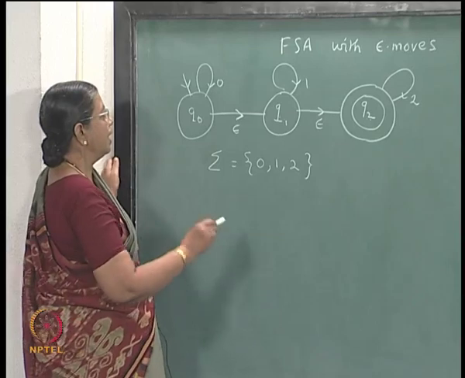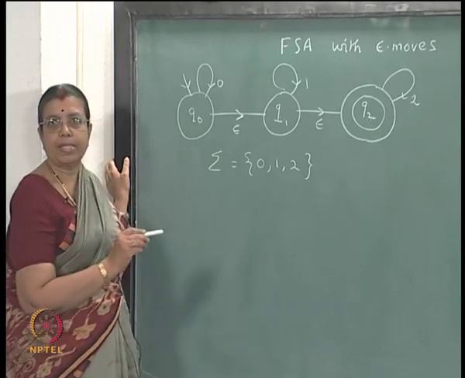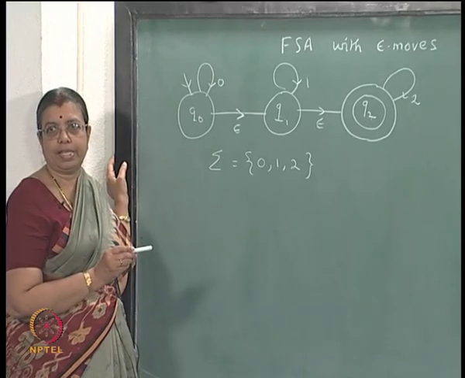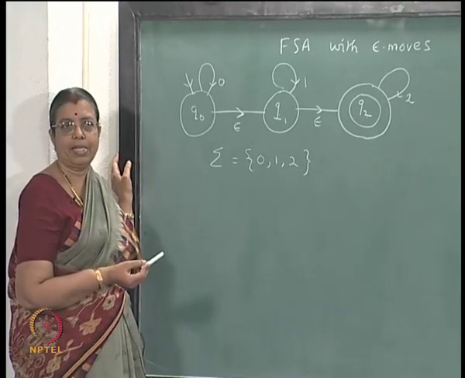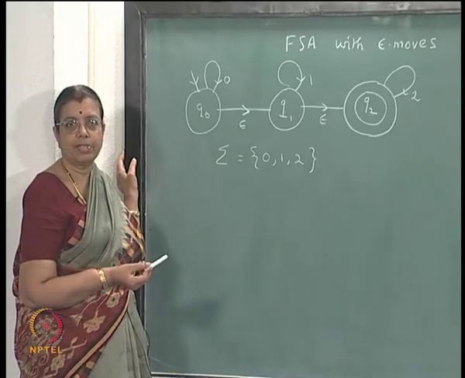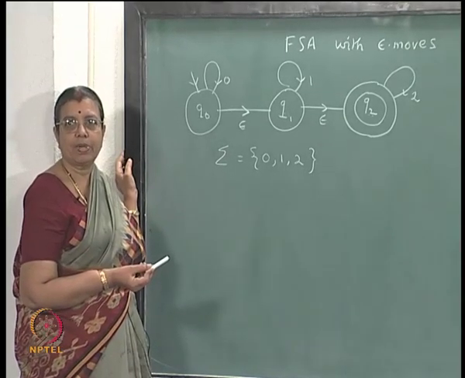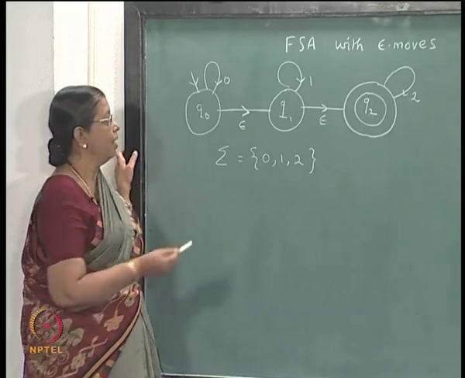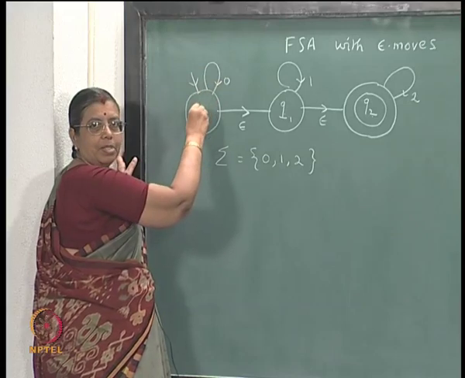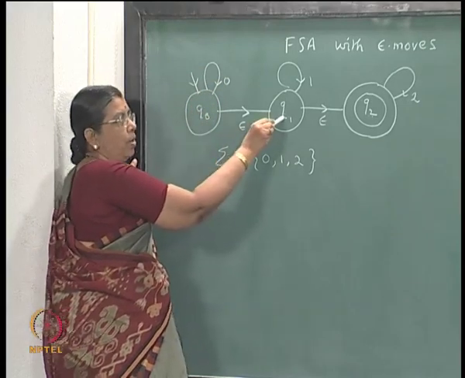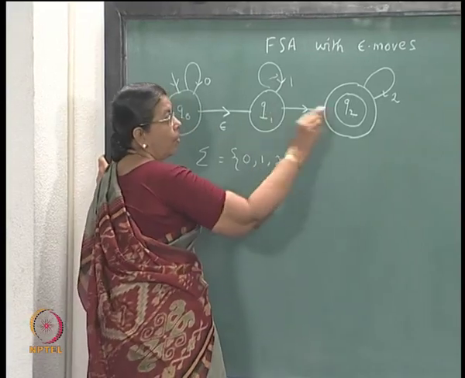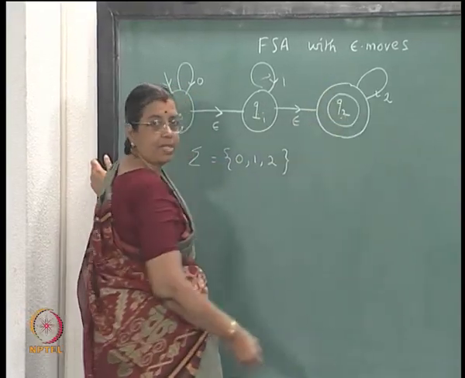You can see that a string is accepted if it takes you from the initial state to a final state, whether it is a deterministic automaton or a non-deterministic automaton. If there is a sequence of states which take you from an initial state to a final state, that string is accepted. So, you can go along this several times, then you can move to Q1, go along this several times, go to Q2, go along this several times.